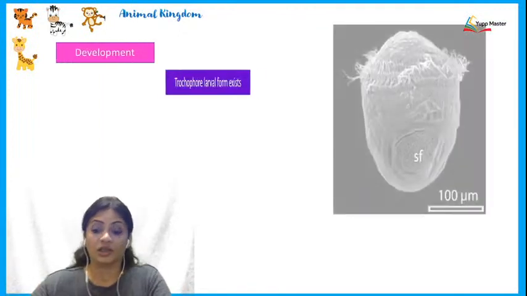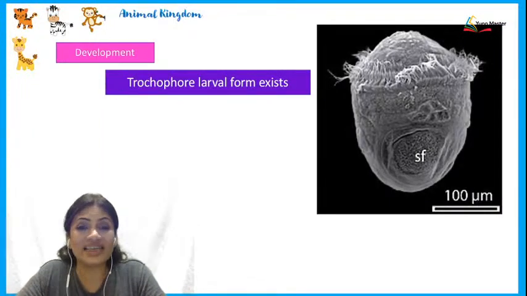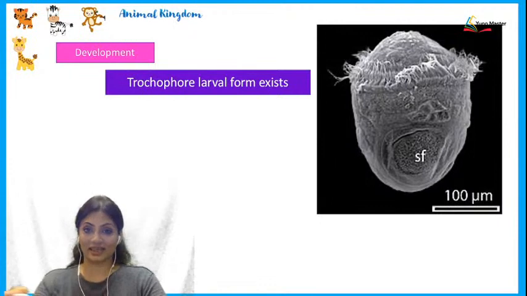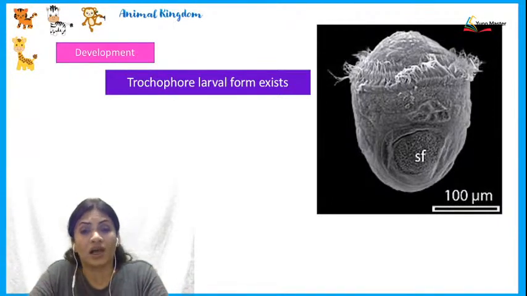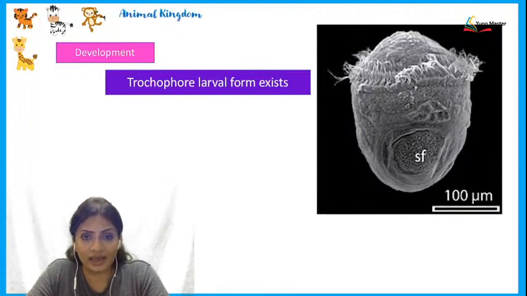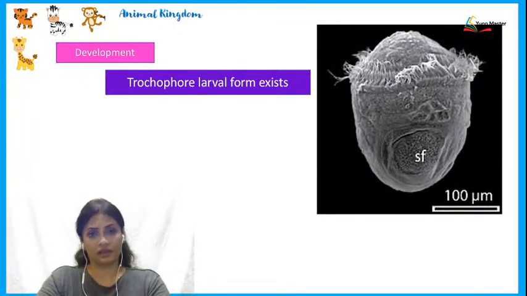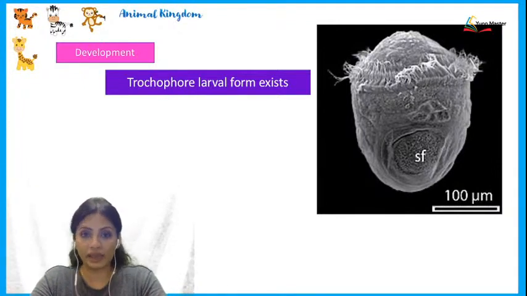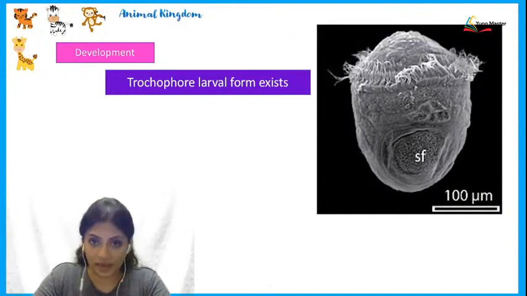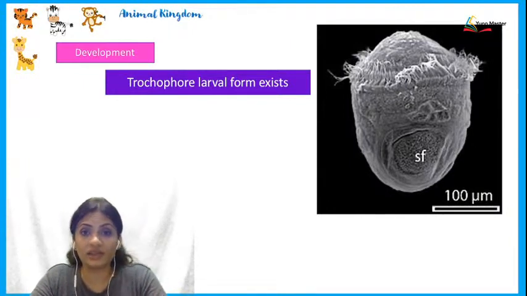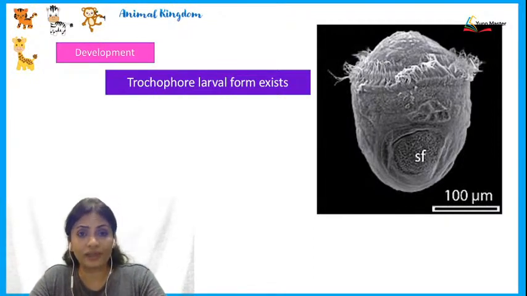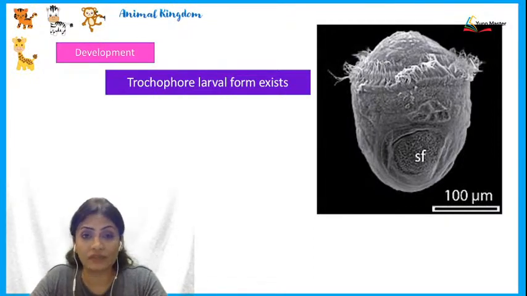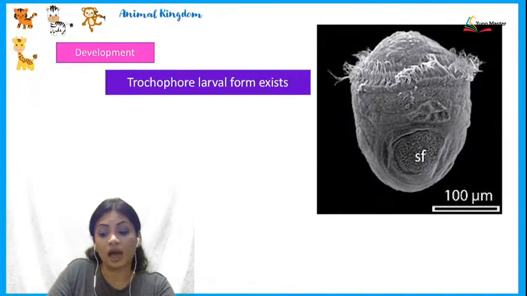Alright. Talking about the development, when we say development, either we can say that the development is direct or the development is indirect. When we talk about annelids like earthworm, over there the development is direct. But then when we talk about some other annelids which may have indirect development, then in the phylum Annelida, if there is an indirect development present, then there would be a larva form.